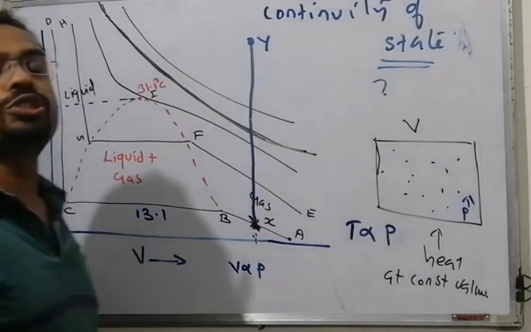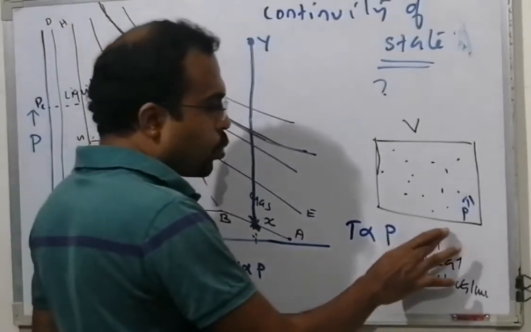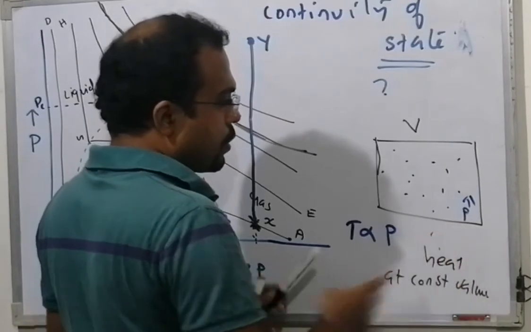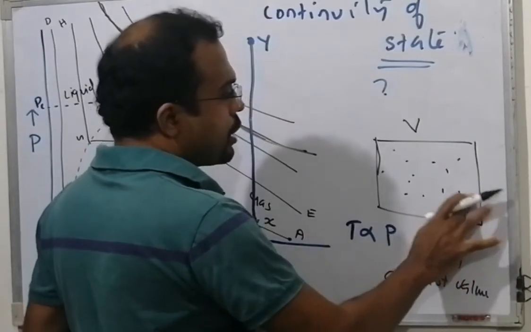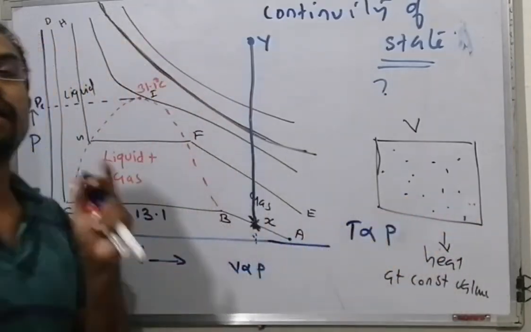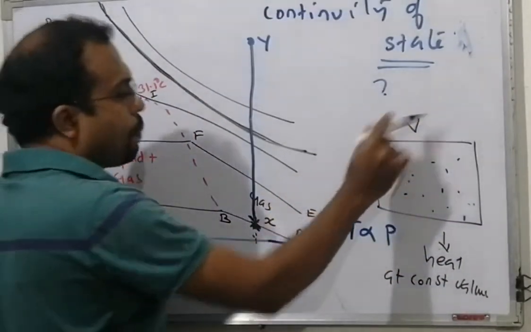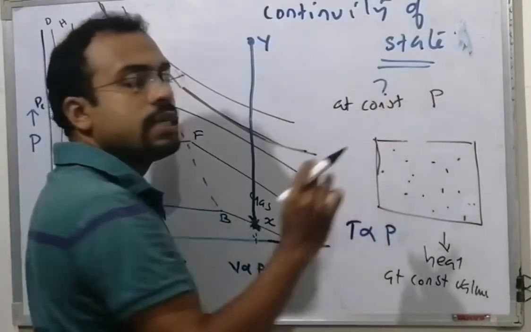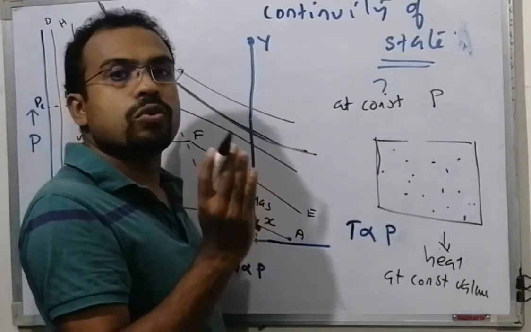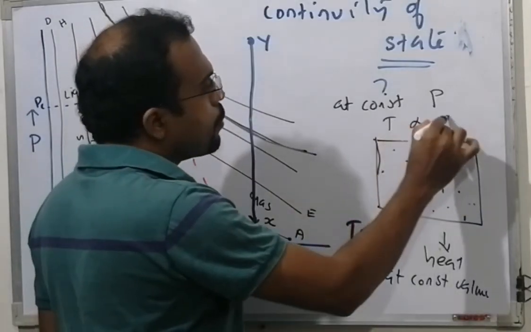Now start cooling. Decrease the heat. Start cooling at constant pressure. You maintain that pressure. At constant pressure, you start cooling. Temperature is directly proportional to volume.